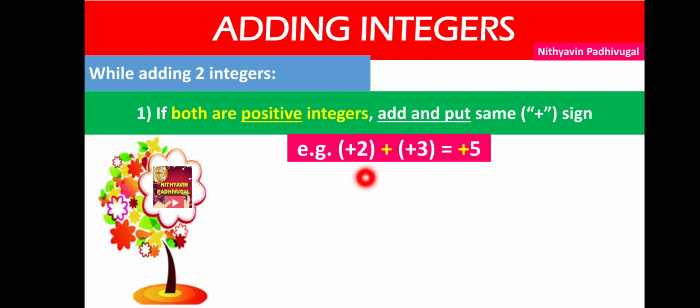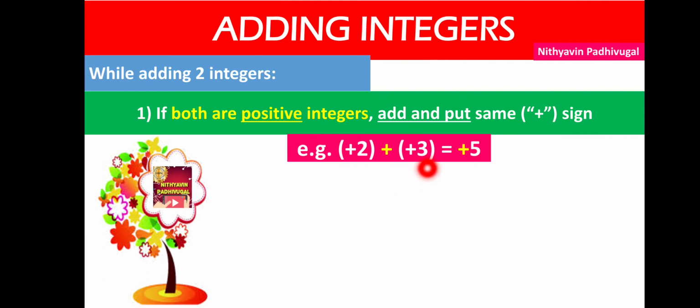Now imagine you are getting 2 chocolates from your mother and 3 chocolates from your father also. But the concept is you are getting 2 chocolates and 3 more chocolates. So, what will be the result?